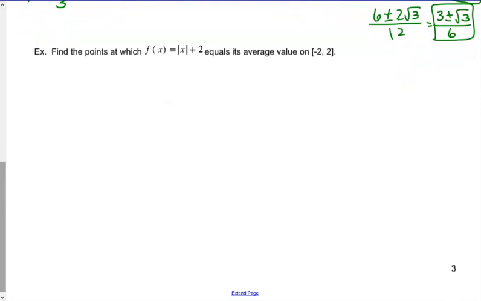So, finding the points at which f of x, equaling the absolute value of x plus 2, equals its average value. So find the c that makes that occur. Now, if we were to graph absolute value of x plus 2, that plus 2 gives me a shift up by 2. And if you recall, absolute value is a V. Okay? Now, we're looking at -2 to +2.